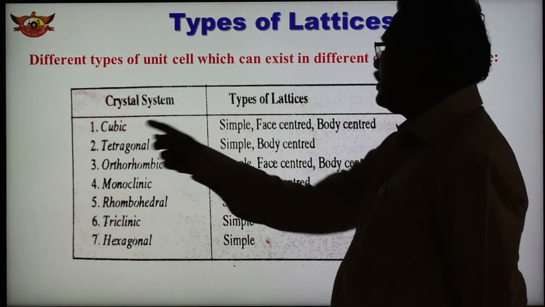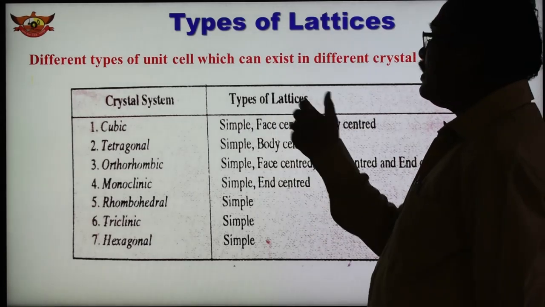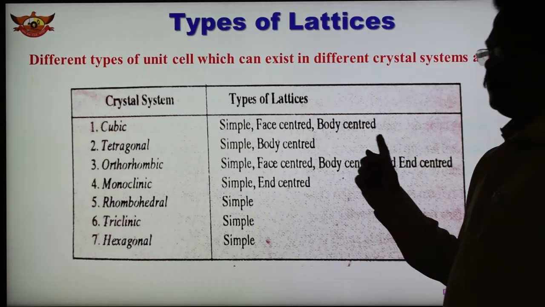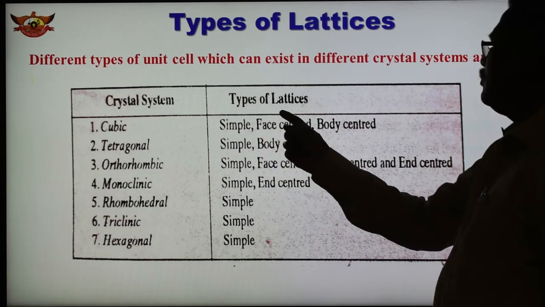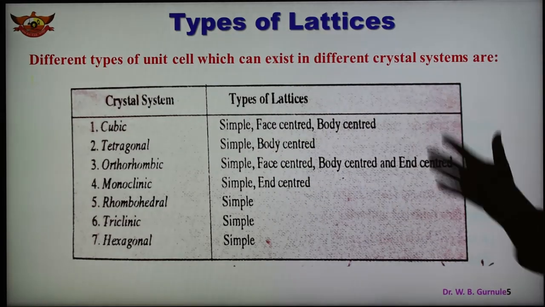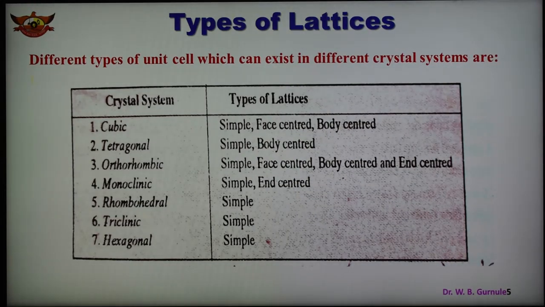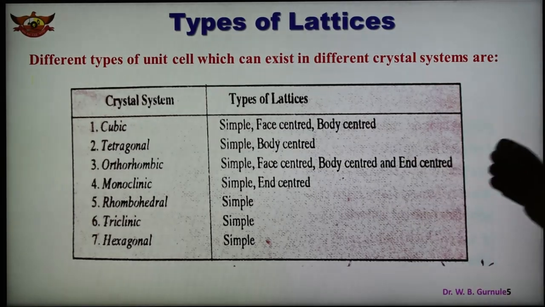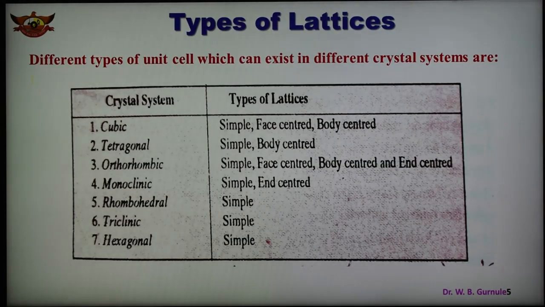So the first one is cubic. Here are the types of lattices. Cubic has 3 types: simple, face centered, body centered. As we have seen, simple cubic systems are those in which particles are present at the corners of the cube only. Face centered cubic systems are those in which particles are present at the corners of the cube, as well as at the center of the 6 faces of the cube.